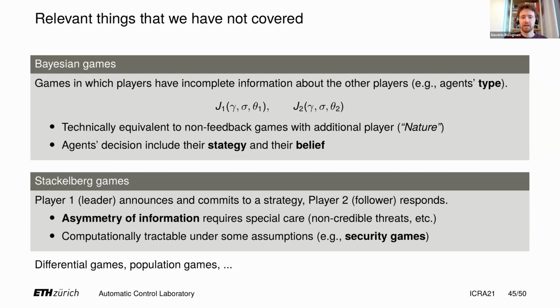And population games, which are a class of games where the number of players is large enough that you can actually simplify the problem to a point that you can achieve some results that are not trivial in regular games. They become particularly tractable because of the large number of agents involved.